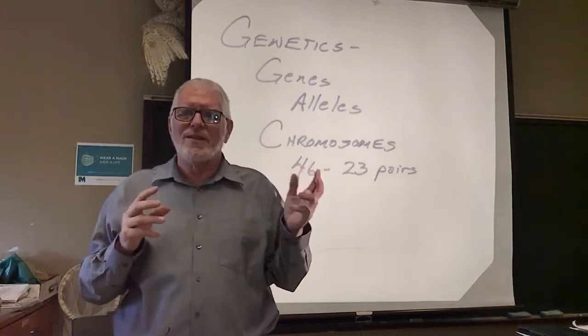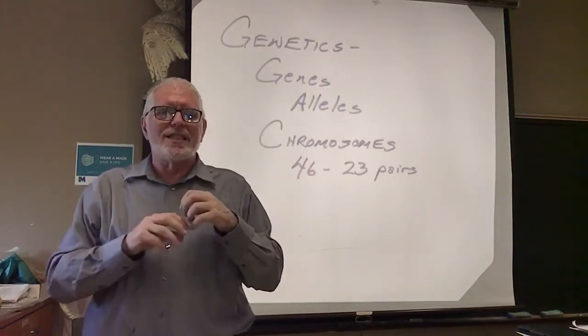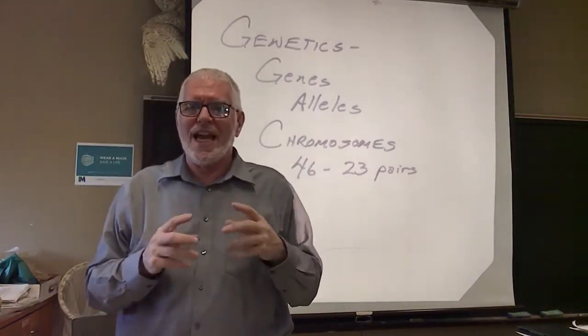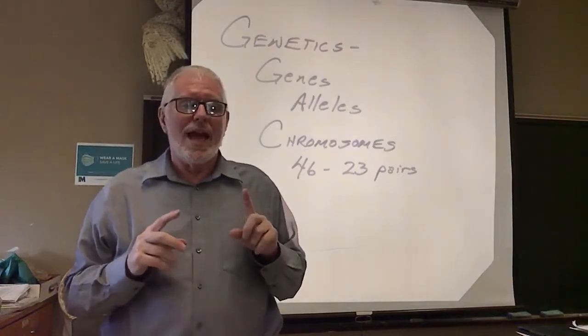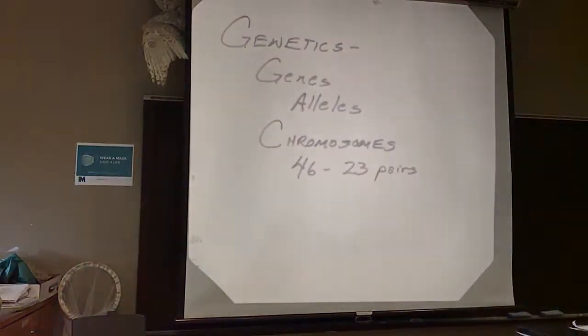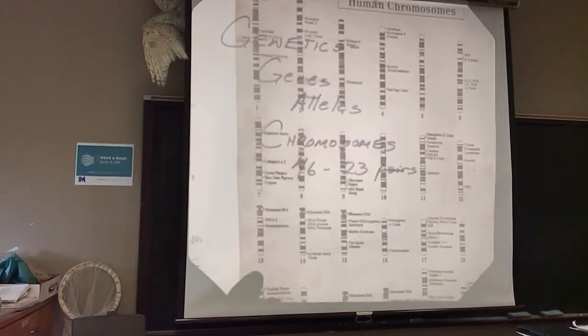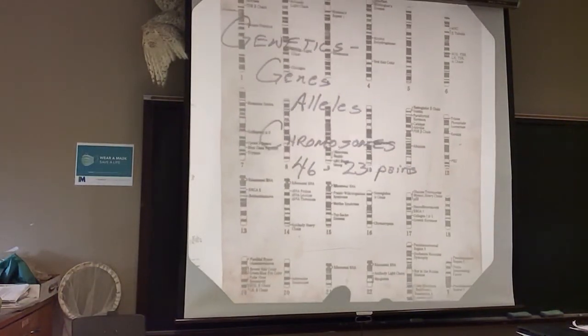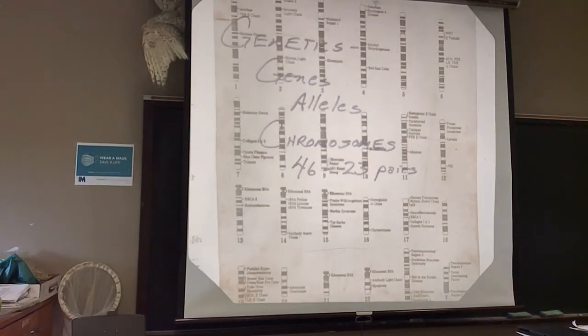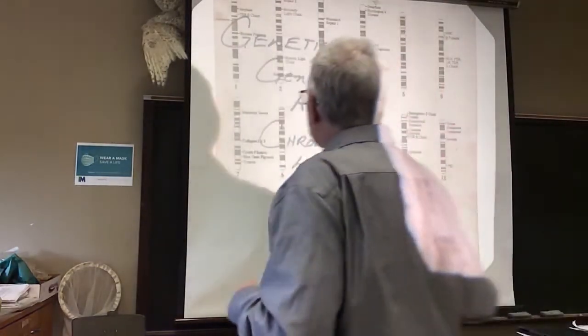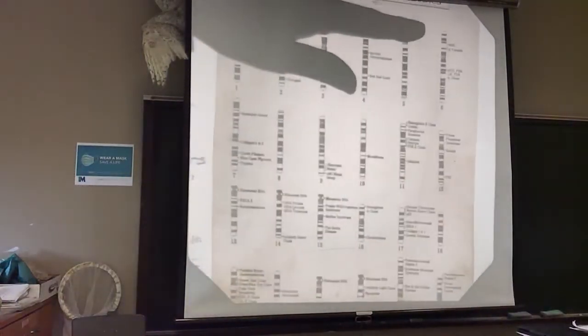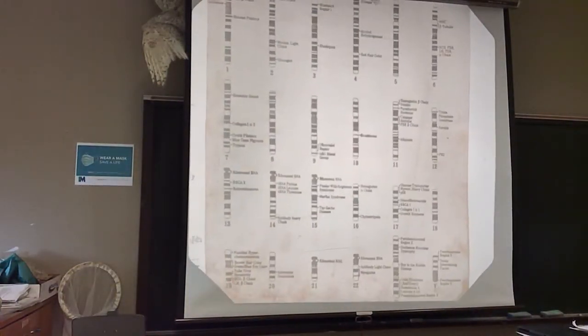You go, well, what about Down syndrome? Down syndrome isn't just an extra chromosome, it's an extra number 21. And number 21 is one of the smallest ones. You have a handout that looks like this. This is an old picture of a bunch of our chromosomes.